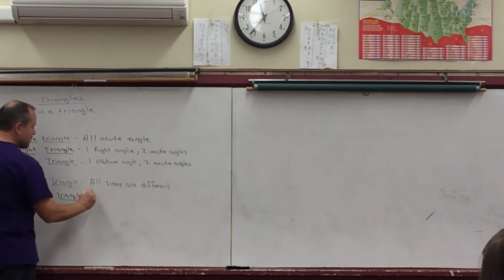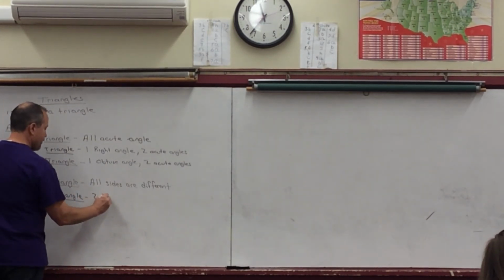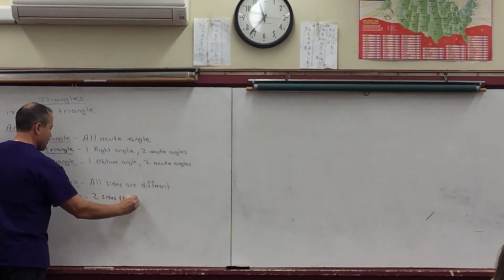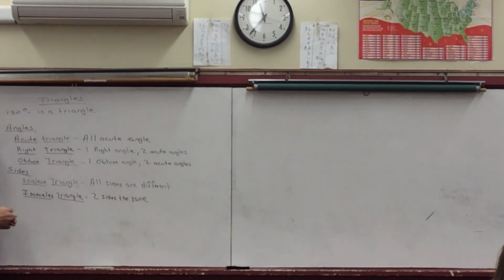For an isosceles triangle, two sides are the same. Now, the way I remember an isosceles triangle, isosceles starts with the letter I. How many eyes do we have? Two. So since we have two eyes, two sides are the same.